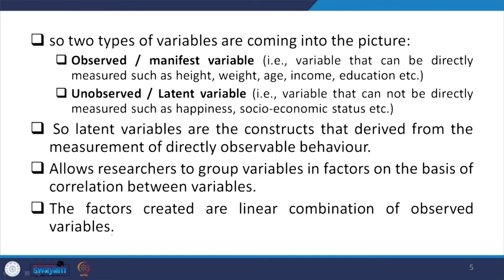Feedback from just one direction can be observed. But if there are so many directions and dimensions of the feedback, and they have been collated from different dimensions into a single variable, those are called latent variables. Okay. So, latent variables are constructs that are derived from measurement of directly observable behaviors of different variables.